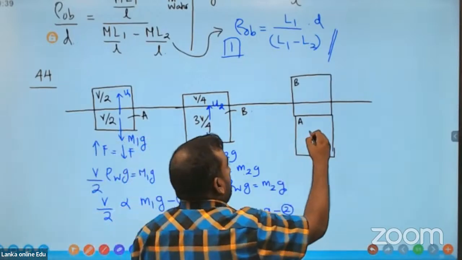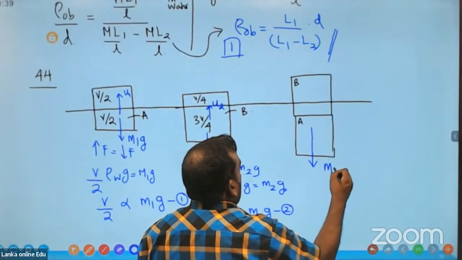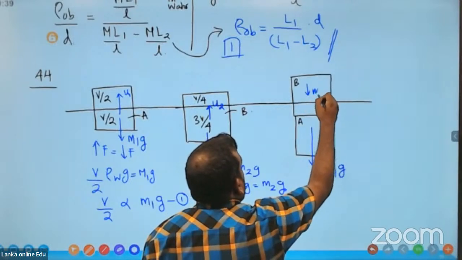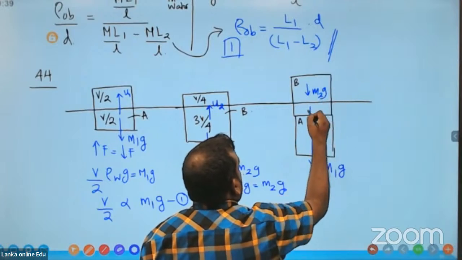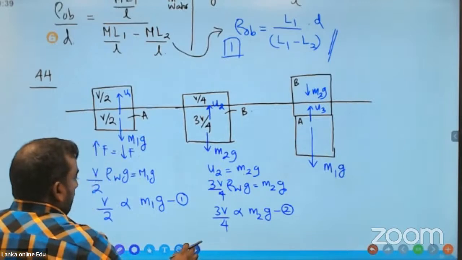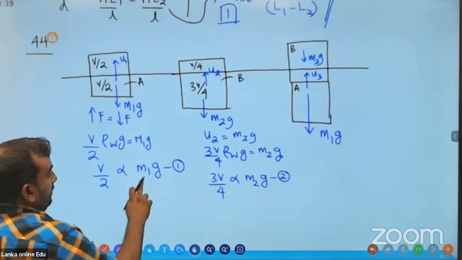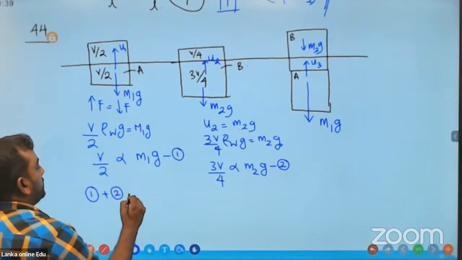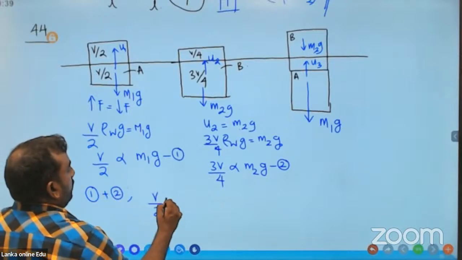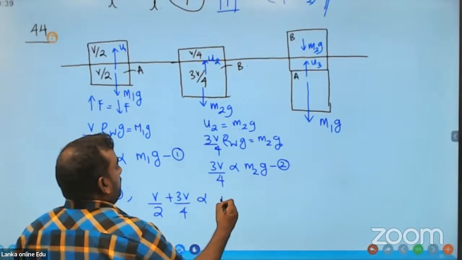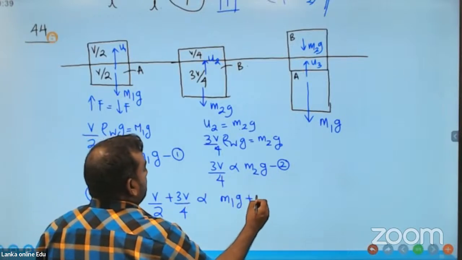Now what is happening here? The total weight is there, M1G and M2G separately, and upthrust is U3. If I add 1 and 2 for your knowledge: V over 2 plus 3V over 4 is proportional to M1G plus M2G.